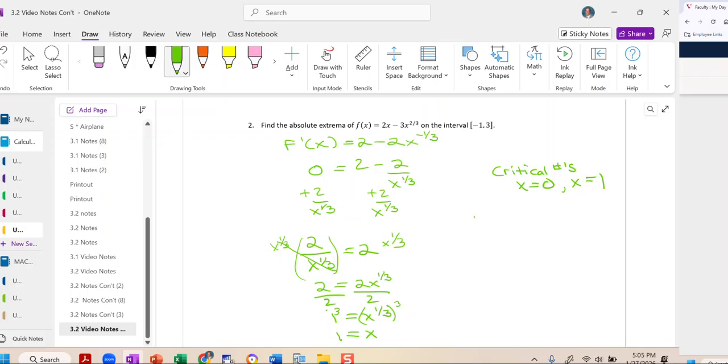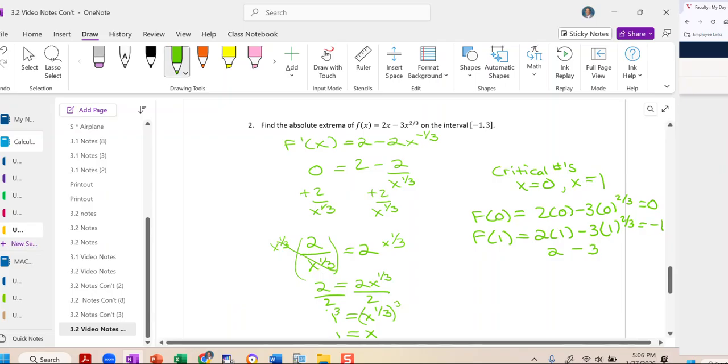Now we substitute in the interval, 0. So 2 times 0 minus 3 times 0 to the 2/3 is equal to 0. When we put in 1, we get 2 times 1 minus 3 times 1 to the 2/3, which is 2 minus 3, which is -1.